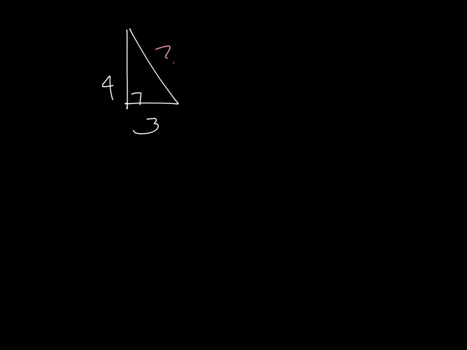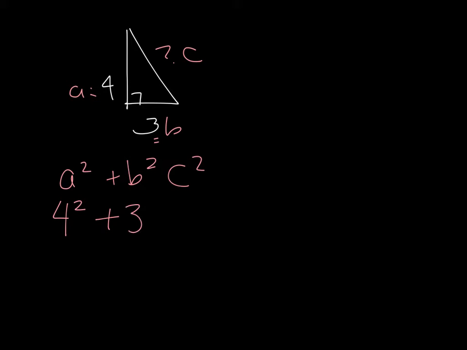Alright, the Pythagorean theorem tells me that a squared plus b squared equals c squared. So let's say this is a, this is b, and this is c. Okay? So 4 squared plus 3 squared equals c squared. Alright, so we're trying to find this length.